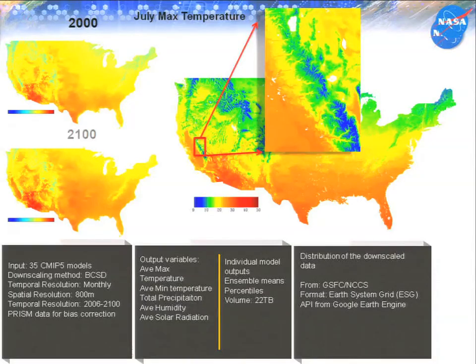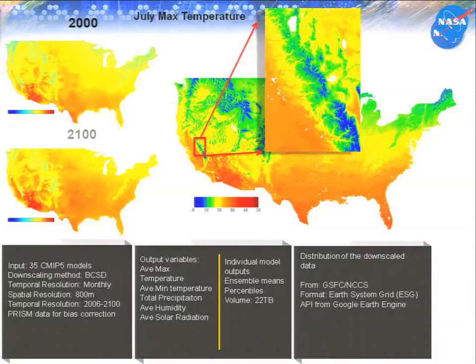And this chart shows the high resolution National Climate Assessment data. We are bringing in 35 global model results and using the statistical downscaling method to get down to the high resolution model data. So we are making this data set available to the user community. And guess what?